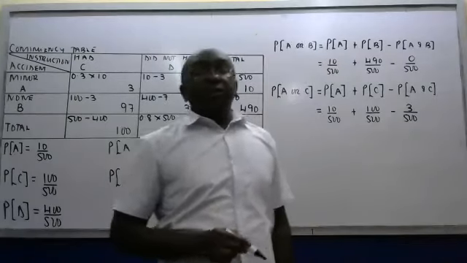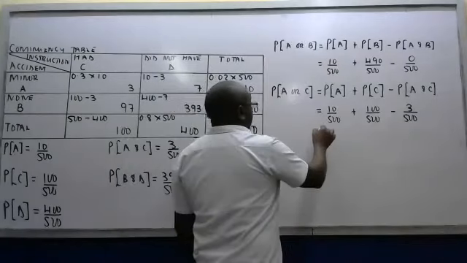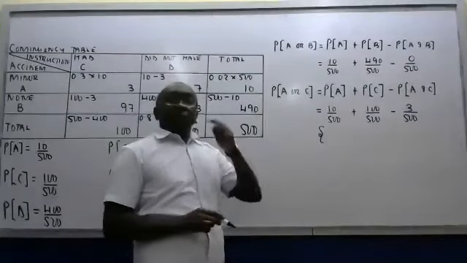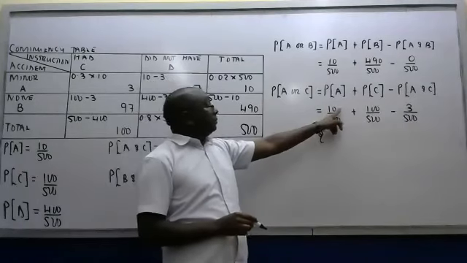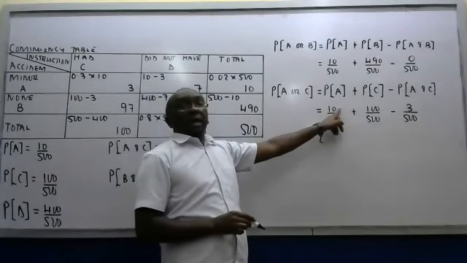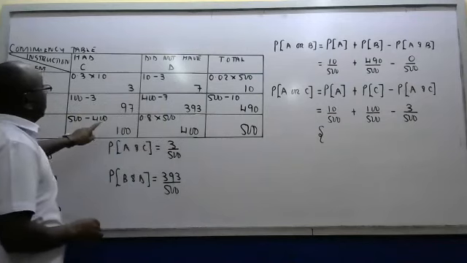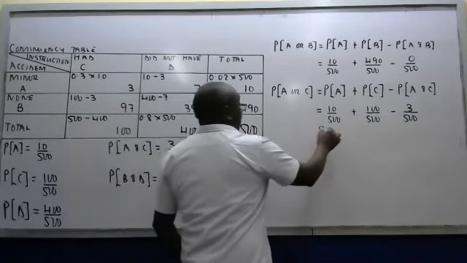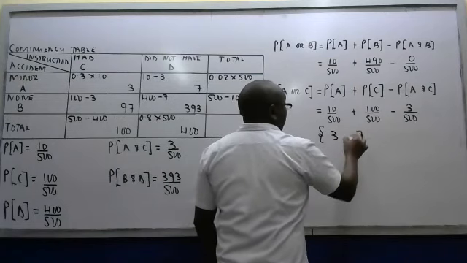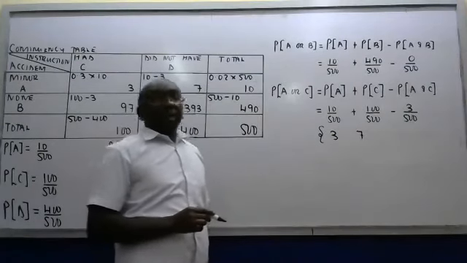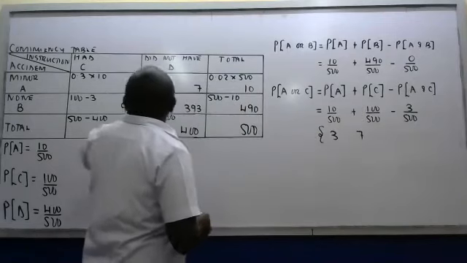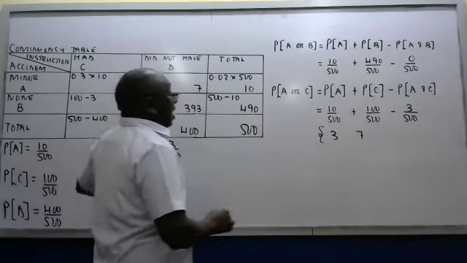Now, just to remind you of what we discussed yesterday about sets. You see this 10, this 10 is made up of these 2 values: there is this 3 and 7. Then this 100 is made up of 3 and 97.